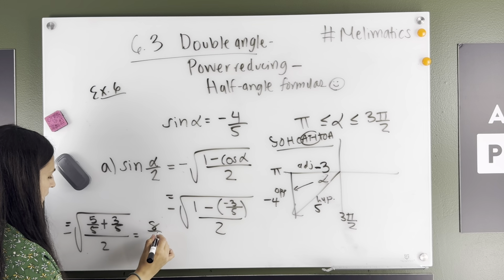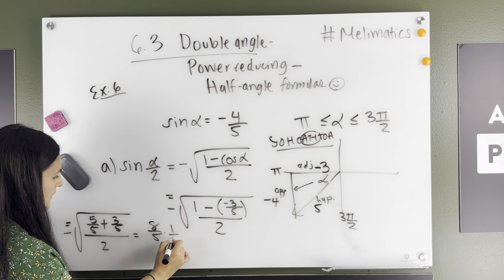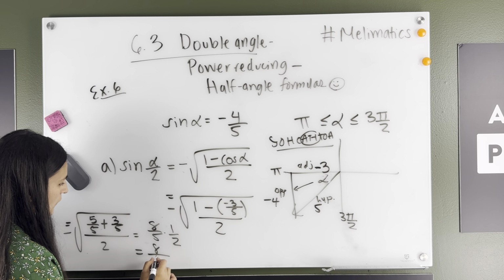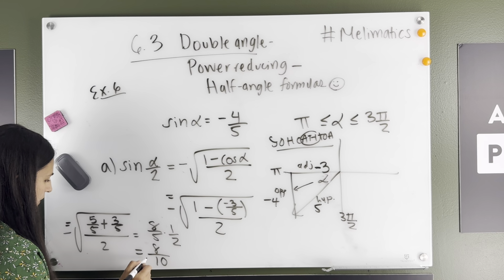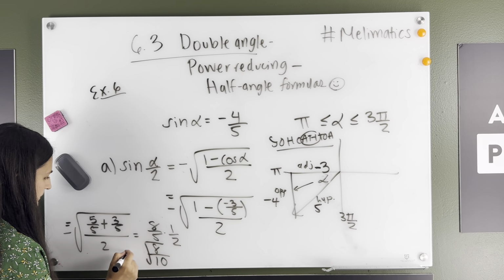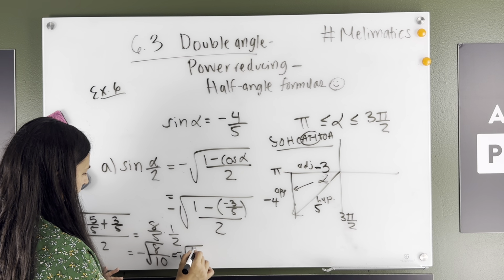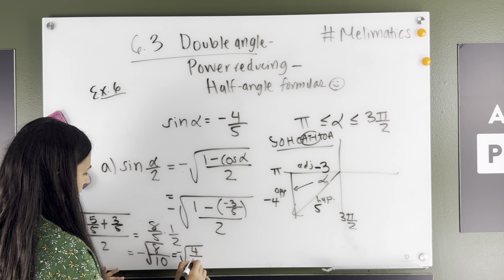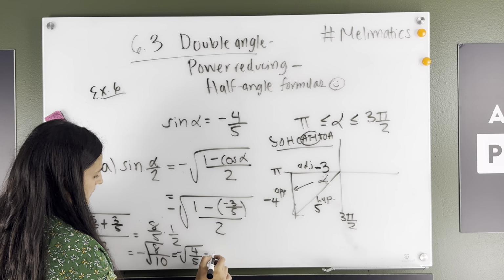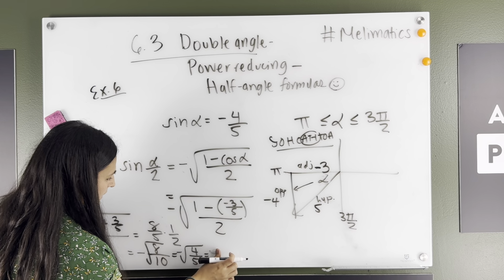8 over 5 divided by 2, so keep, change, flip. So we get 8 over 10 with the square root. Now, of course, we can simplify that. So that's 4 over 5. You can split it, but I think that that's good enough.